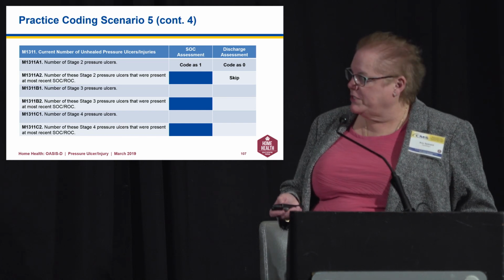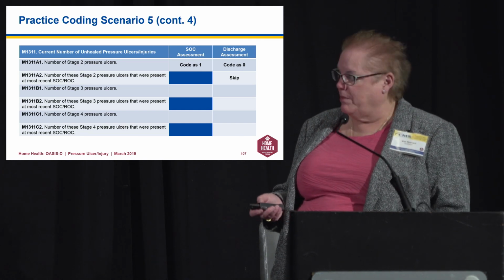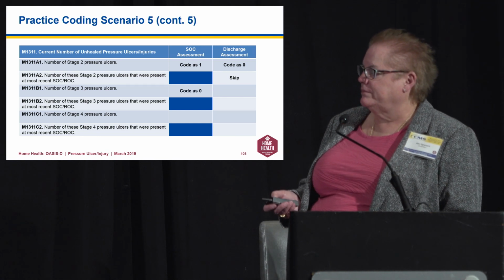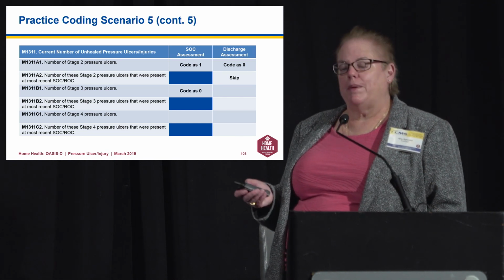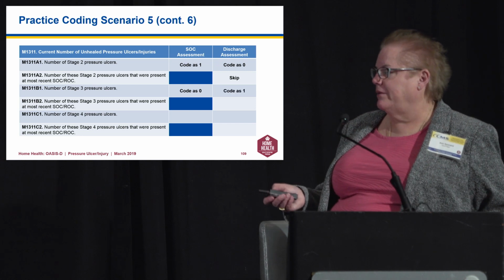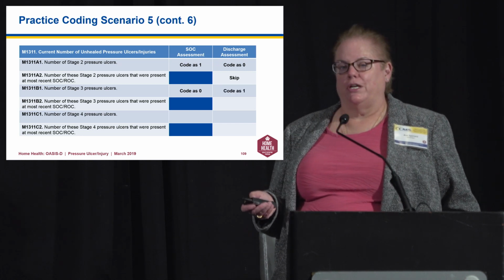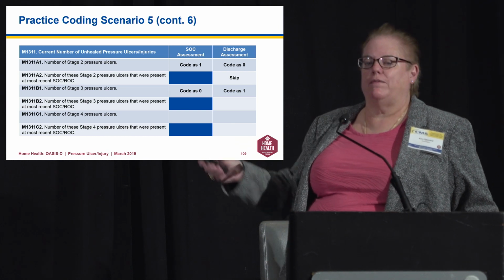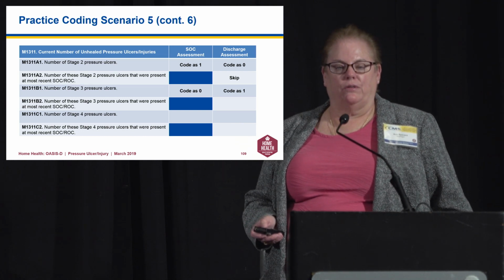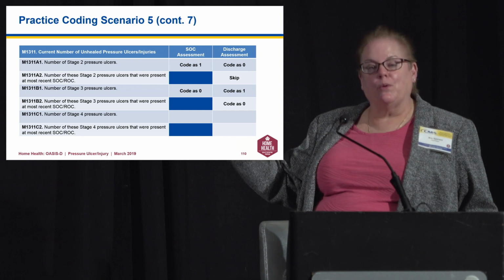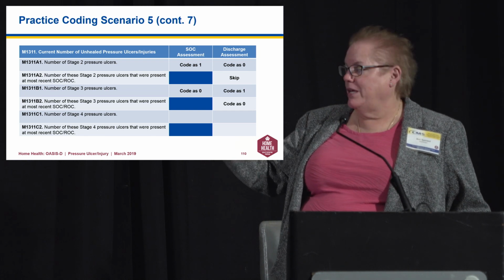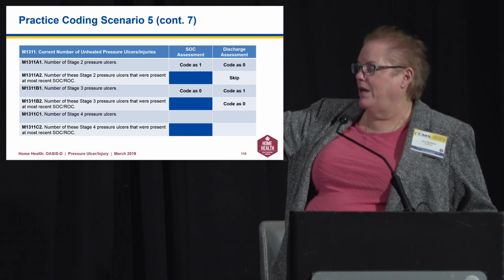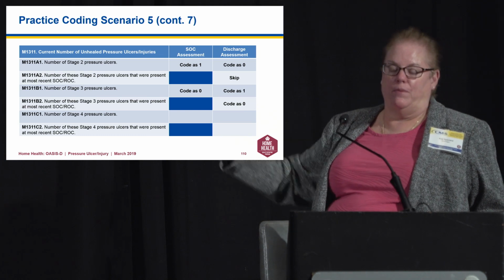How about the number of stage 3 pressure ulcers that were present upon admission? Right, didn't have any. But how about at discharge? Right. So now the question is, of that one stage 3 that we have at discharge, how many of those were present on admission? 0. This is where we would put a 0, right? Because we have one at discharge and none of them were present upon admission.